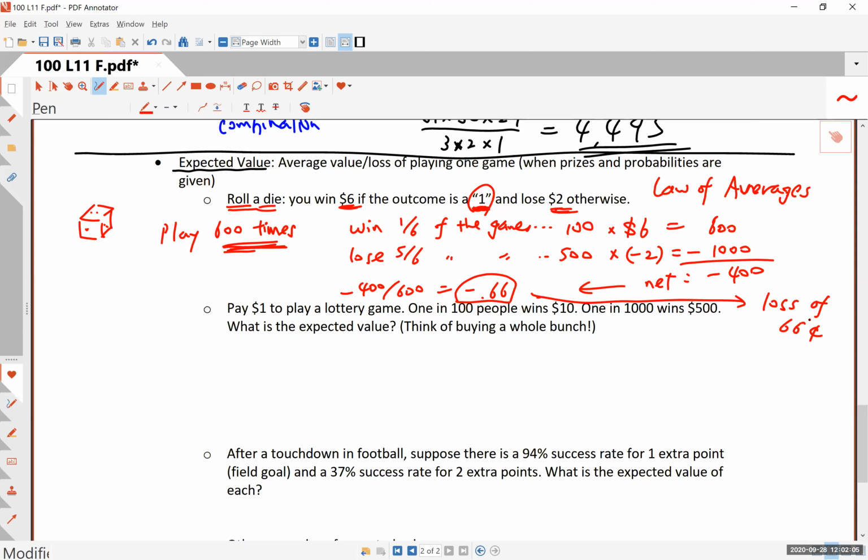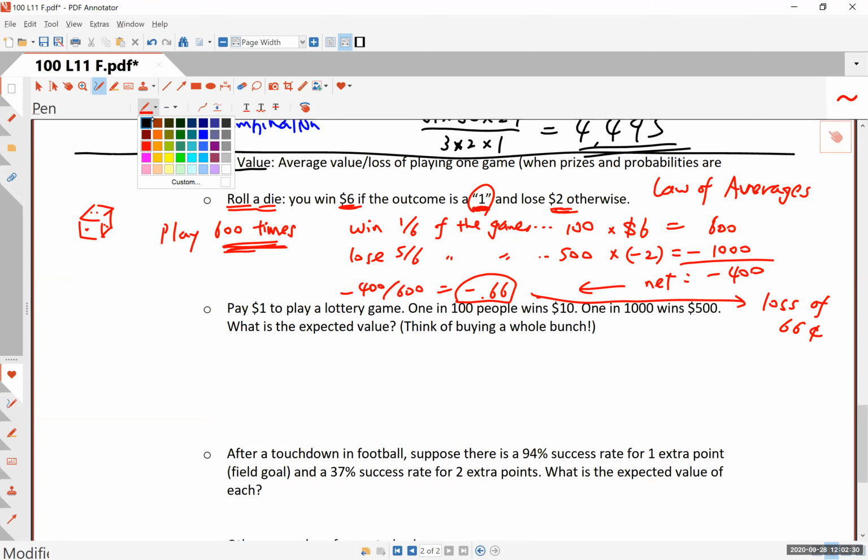Now, you can play 600 times, but the point is, if a casino is operating a game or games, they may have 5 million people, all right? And if each person loses 66 cents each time they play, now we are talking about millions and millions of dollars that people lose at the casino, which converts to millions of dollars gain for the casino.